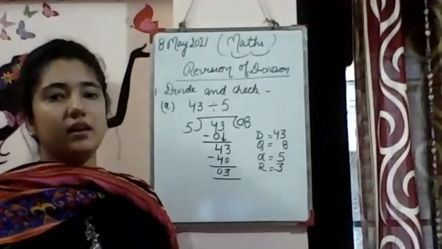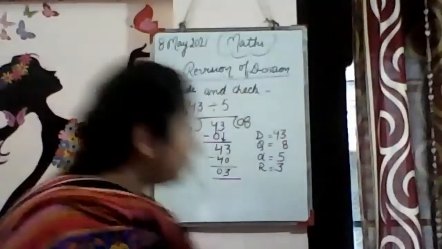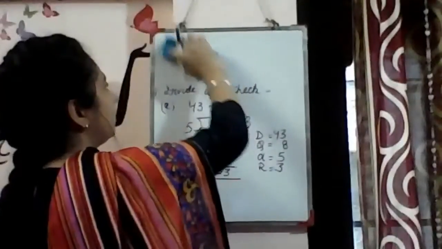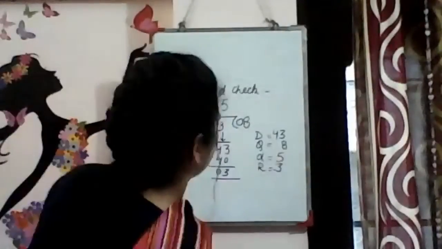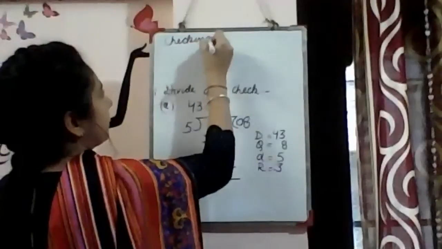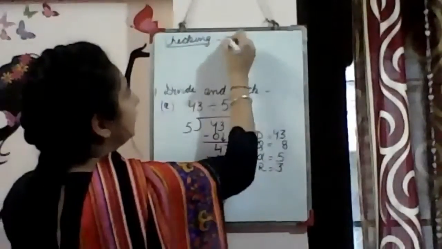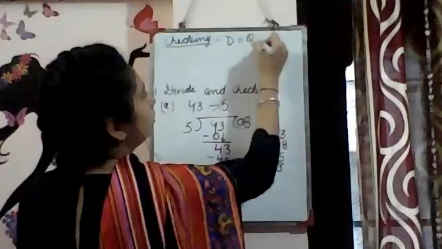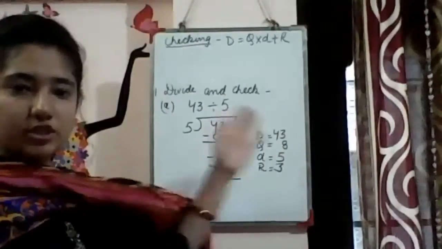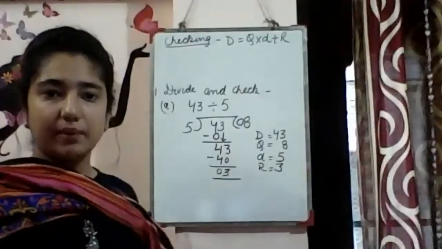So I am doing the checking, bache, on the upper part, so I am going to erase this. You will do it below, where you usually do it, okay? So checking is capital D is equals to capital Q multiply D plus R. And we know each and every number because we have written side by side.